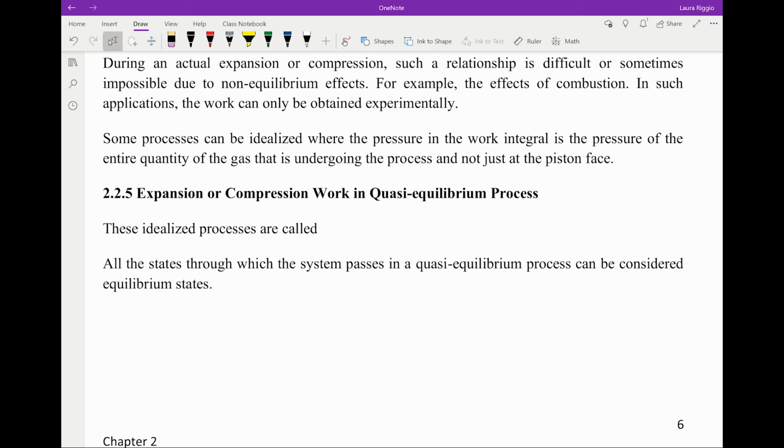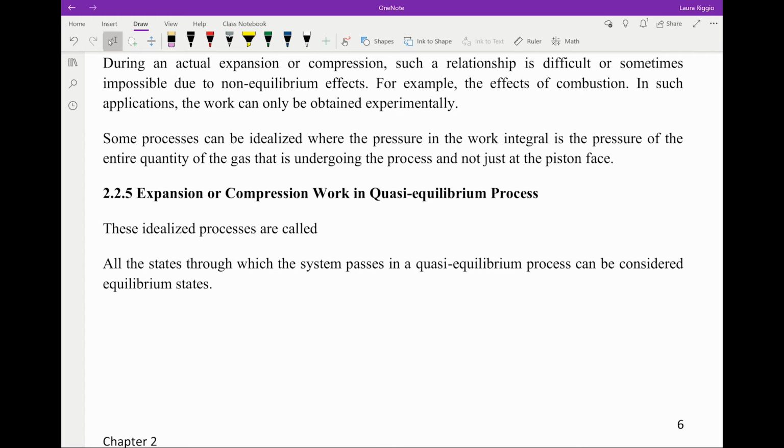Some of these effects, for example, could be combustion. In applications such as that, your work can only really be evaluated experimentally. However, some processes can be idealized where the pressure in the work integral is the pressure of the entire quantity of gas that's undergoing the process and not just the force on the piston face.